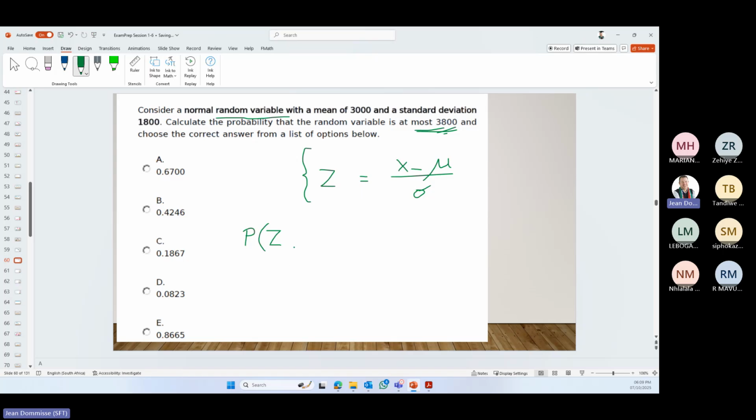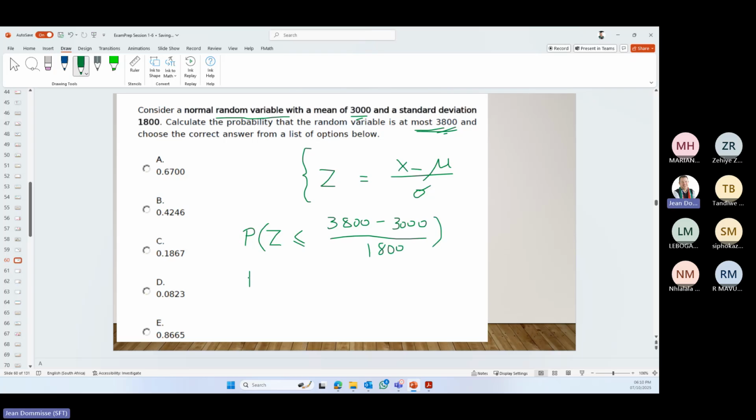It's at most that, so smaller or equal to 3,800. Okay, so now we can add the rest of the information. They told us the mean is 3,000. Standard deviation is 1,800.